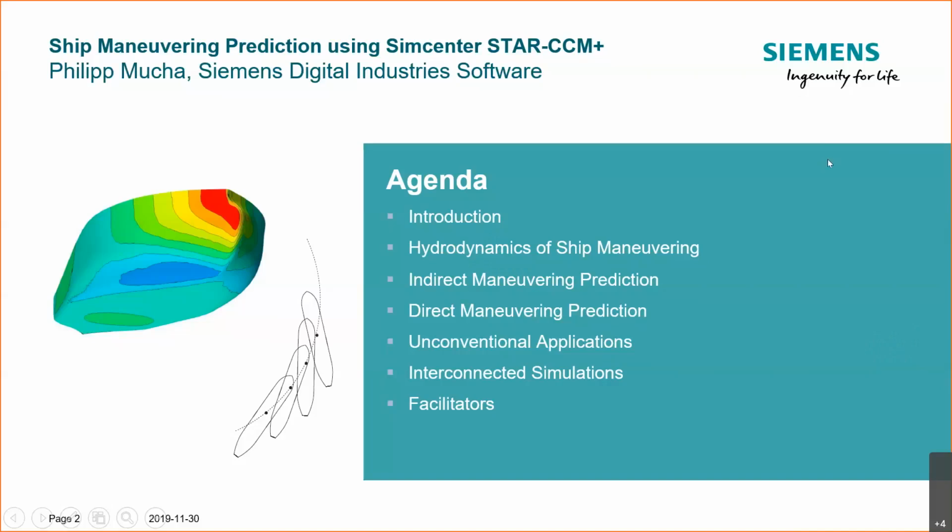The agenda of the talk is quite straightforward. We'll start with an introduction to put the topic into context of industry and science and basically a software context. Then we'll talk about modeling requirements. What are the important hydrodynamics of ship maneuvering that have to be considered when choosing the right approach?